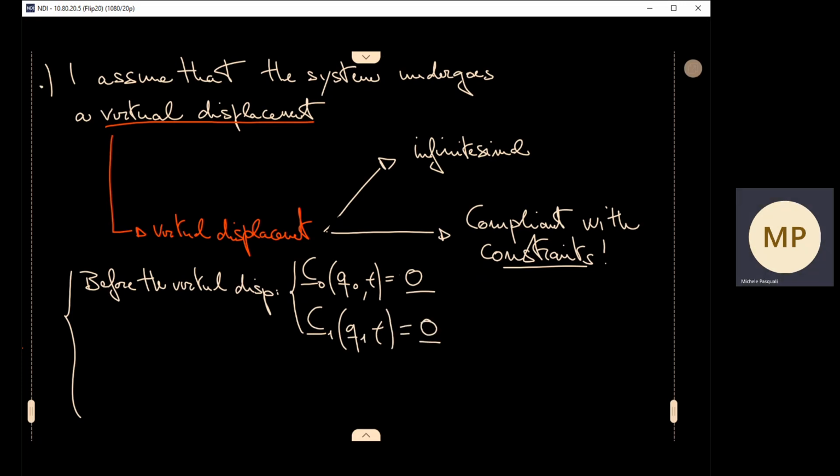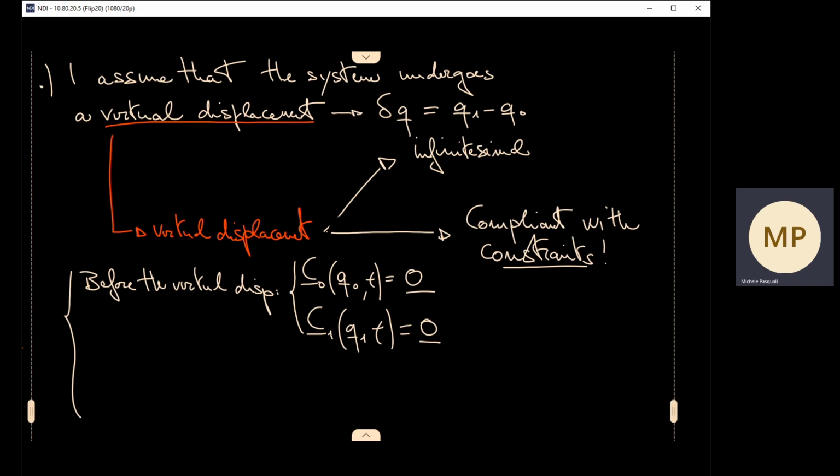What are Q0 and Q1? My virtual displacement is delta Q, which is nothing different from Q1 minus Q0. Okay? That's my virtual displacement. Q0 is the value of the generalized parameters which describe my system before the virtual displacement. Q1 is the set of generalized parameters which describe my system after the virtual displacement.